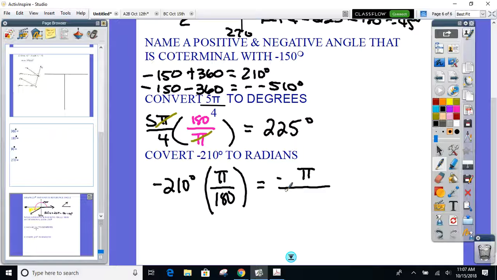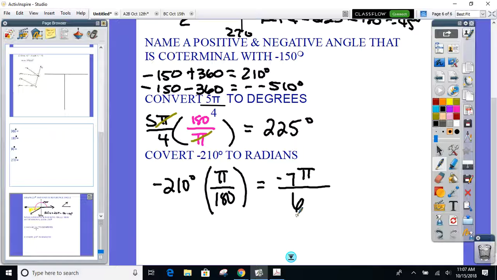Fraction template, negative 210 over 180. Just reducing your fraction. Negative 7 over 6 pi. Yes, no? All good? Questions there?